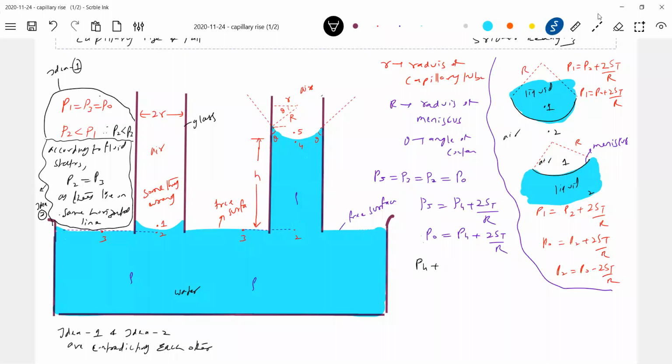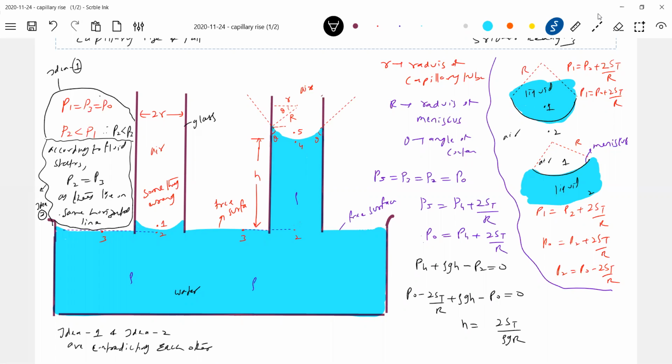P4 plus rho g h minus P2 equals 0. So what is P4? P naught minus 2ST by R. P2 is P naught. So therefore, h is equal to 2ST by rho g R.